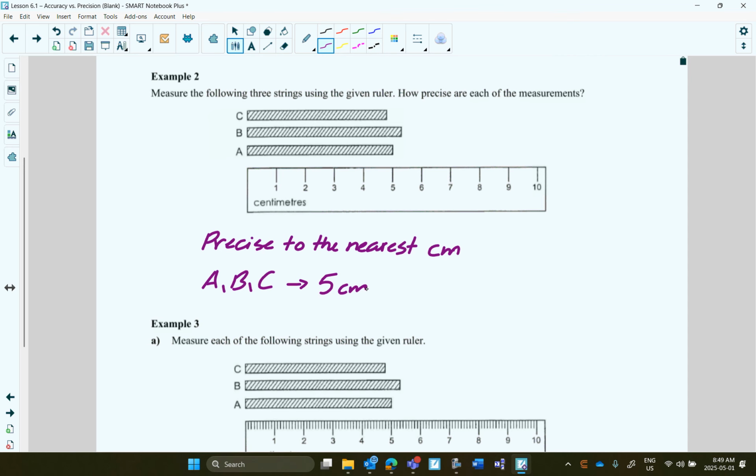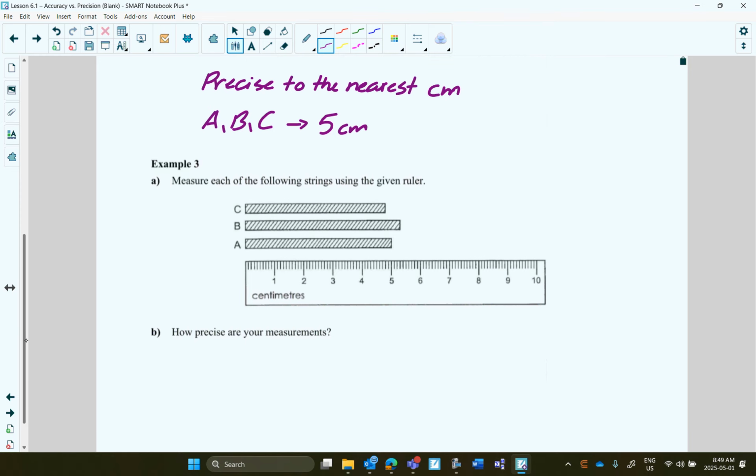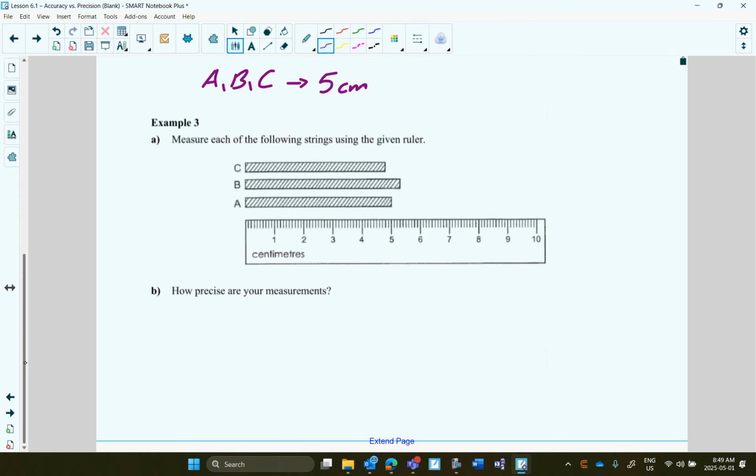But if you notice in the next example, it's now not precise to the nearest centimeter, but we broke it up into 10 notches in between each whole centimeter. So therefore, it's precise to the nearest 10th.